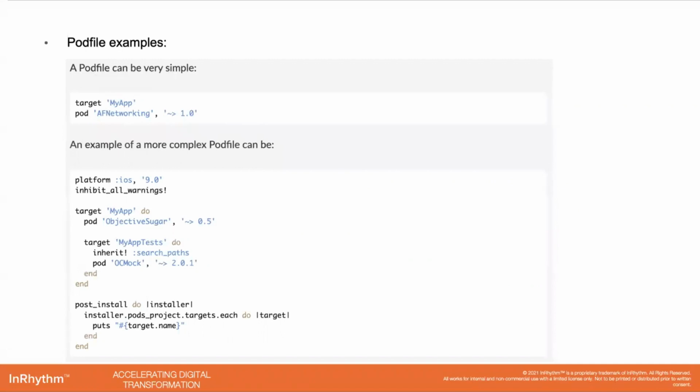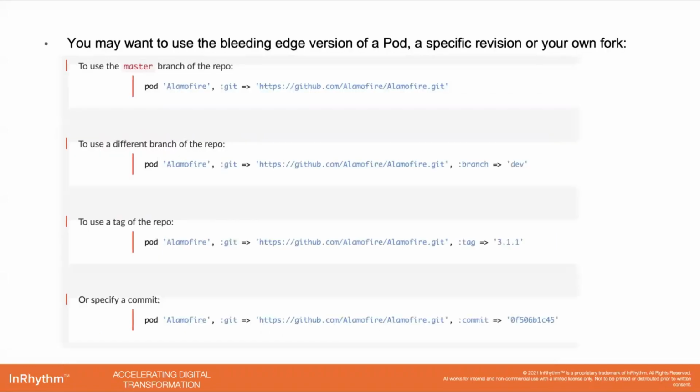This is all given by CocoaPods. In this example, I'm showing how you can add a pod from a Git repository. You may add your custom framework. You can specify which branch you want to use.